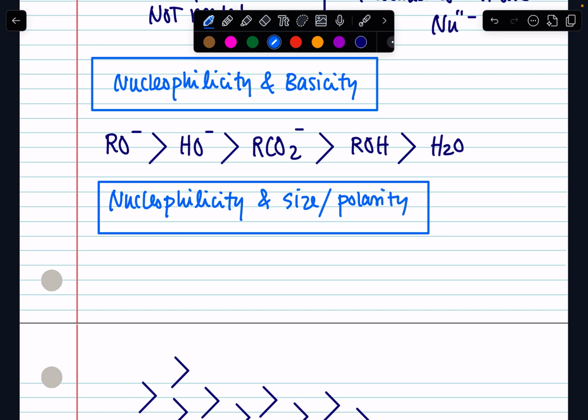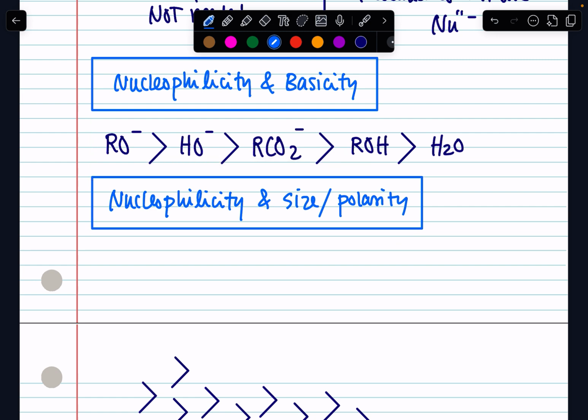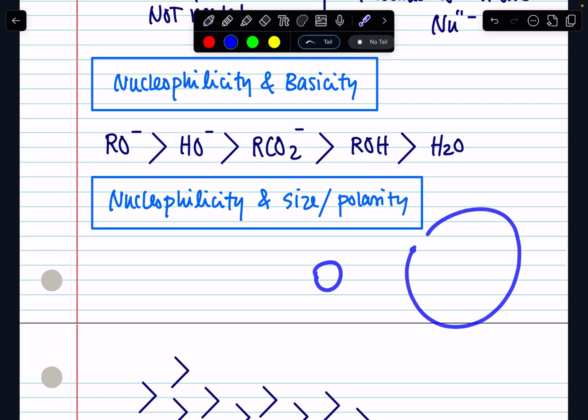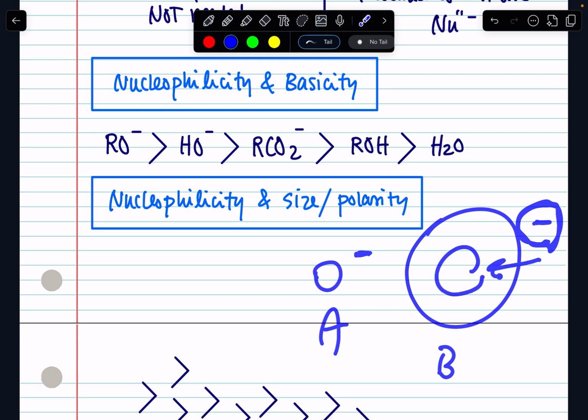For those of you who remember, I said in grade 11 chemistry that if you are getting bigger, so let's compare A and B, and what I told you before was that if you're a bigger guy and you have a negative charge on you, you would accommodate the negative charge easier, and the negative charge would be more stable. Why? Because you would have more room to accommodate negative charge. So we talked about size in that sense before.